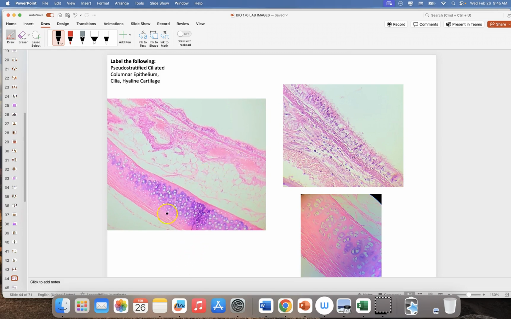Here we can see the entire histological section of the trachea, and then I have our two tissues of interest blown up. That way we can see them in a little bit more detail. We want to decide which is the epithelium and which is the cartilage. Epithelium, we always want to think back to the fact that epithelium faces a space, either an internal or external space.